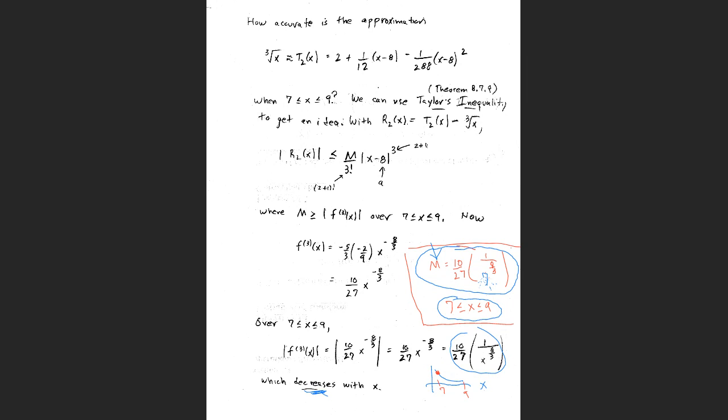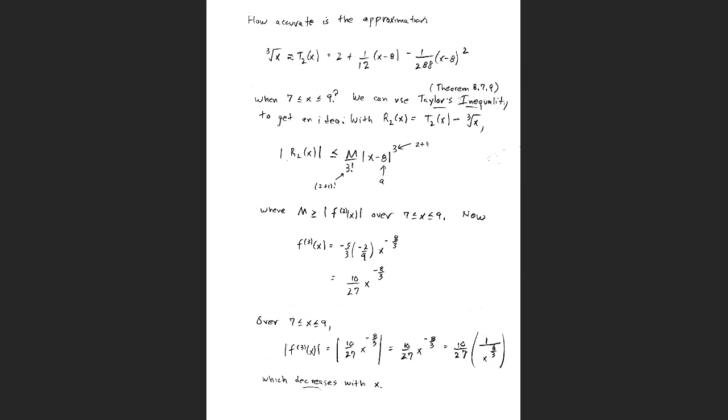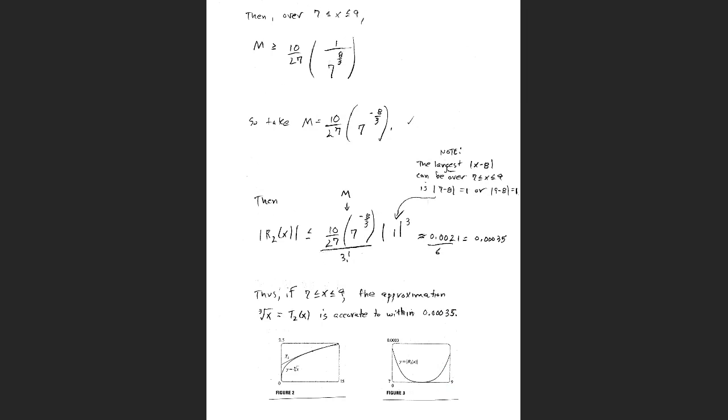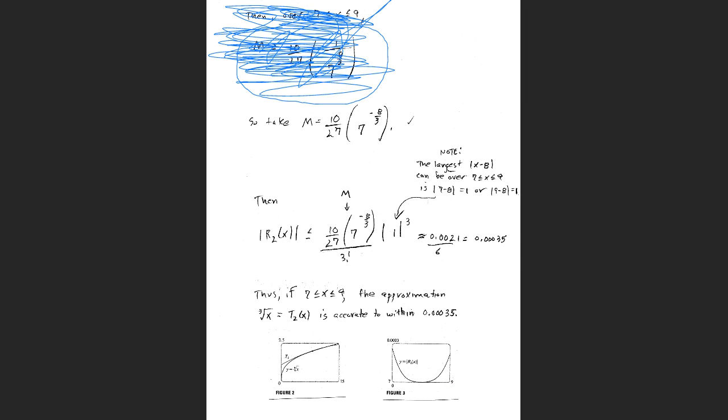So here we know our value of m. Hold on, this is actually not what we want here. Forget that, don't even look at that. We're just going to take m equal to 10/27 times 7 to the negative 8/3 power. Let me just see what I wrote there.